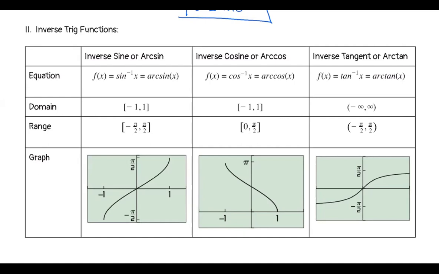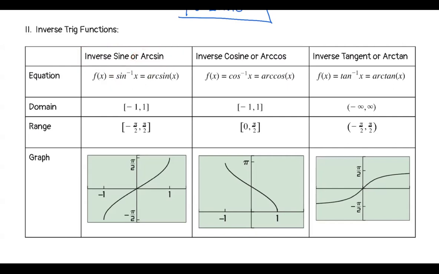All right, so let's talk about the 3 inverse trig functions that we saw in that table in the beginning. The first one here is something called inverse sine, and we've seen that we can write this as sine with a -1. Maybe a little bit less familiar or more familiar, depending on what teacher you had before, sometimes this is called arc sine. It's a different name for the same thing.